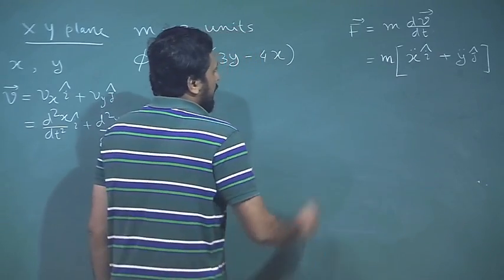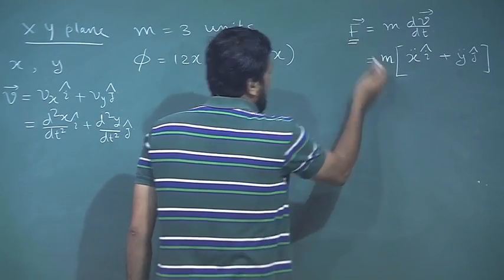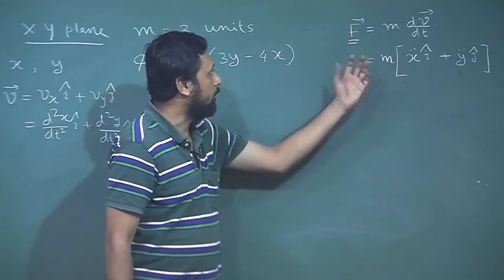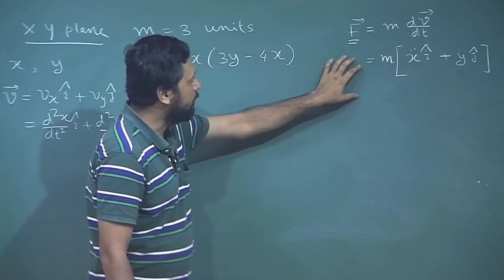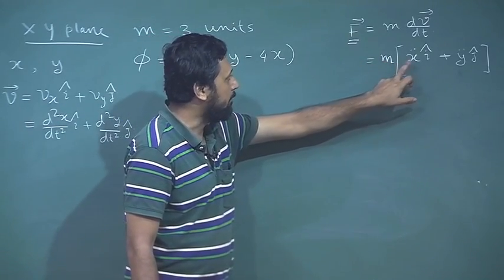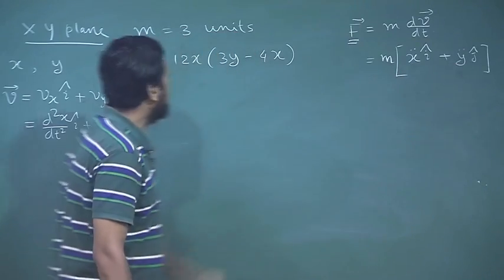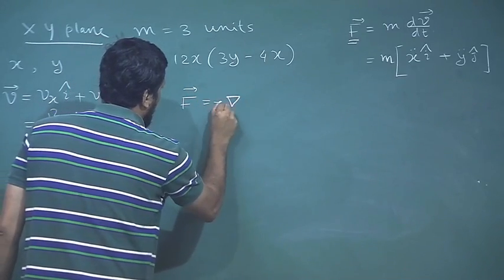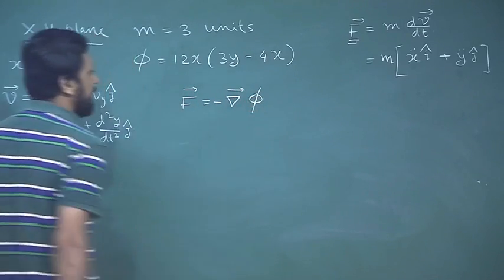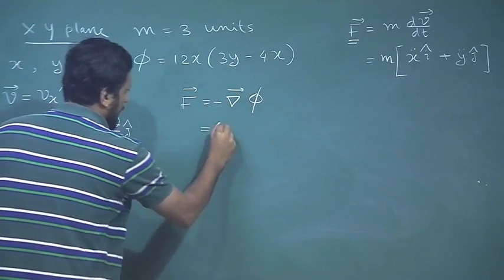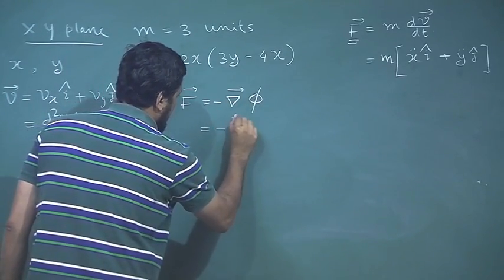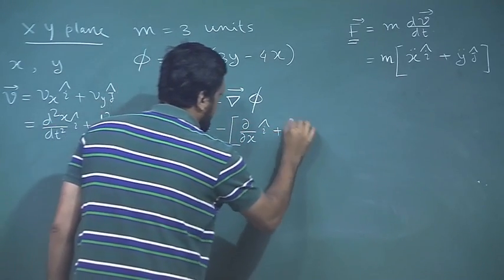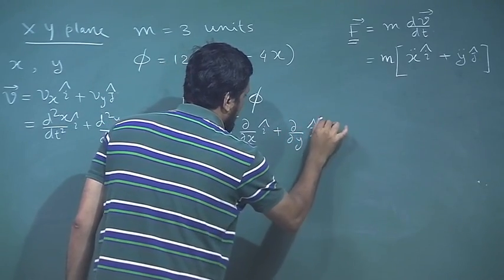So what we need to do is find out the left hand side of this equation, and then we can compare term by term. We can take the x and y components of the left hand side to be equal to m x double dot and m y double dot. In order to do that, we need to compute F equal to minus grad phi, and this del operator here is del/dx i cap plus del/dy j cap.